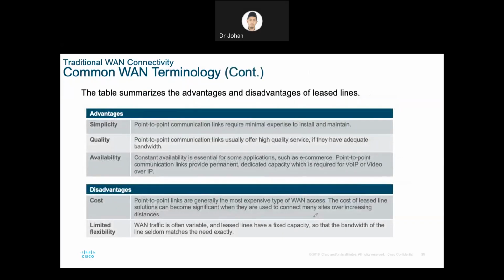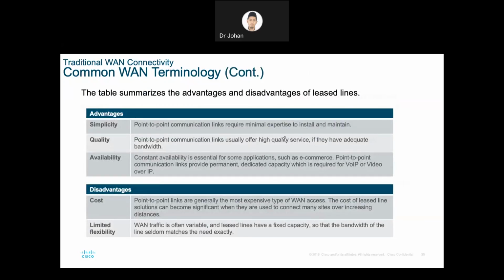The table summarizes the advantages and disadvantages of a leased line. Simplicity: point-to-point communication links require minimal expertise to install and maintain. Quality: point-to-point communication links usually offer high-quality service if they have adequate bandwidth.